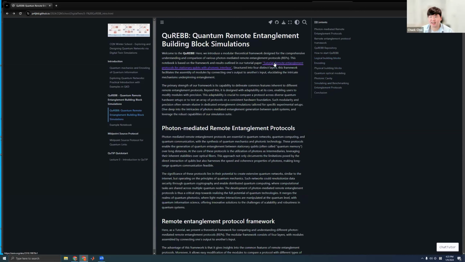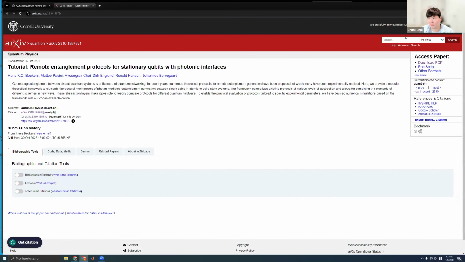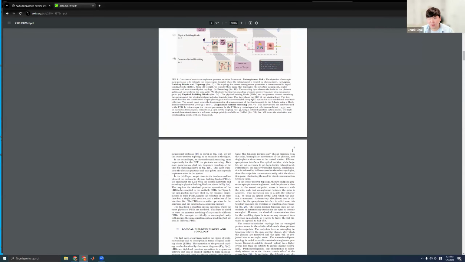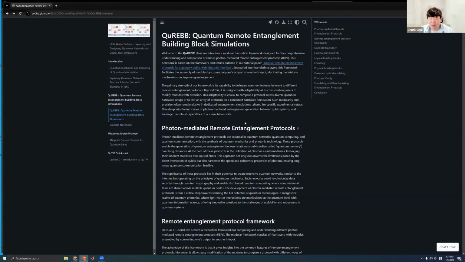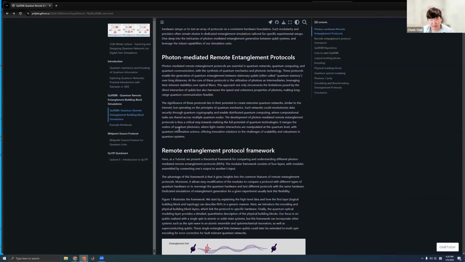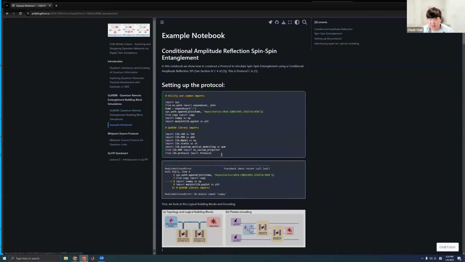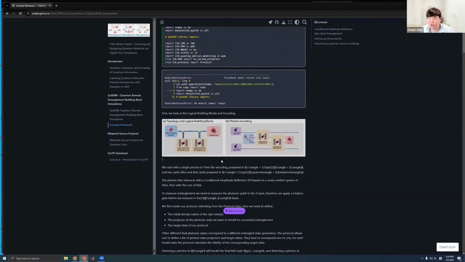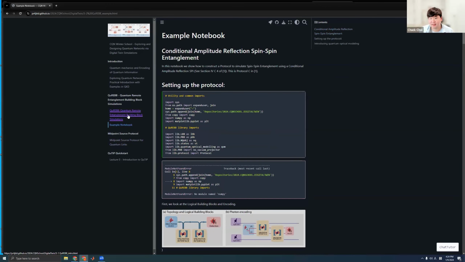I also want to emphasize that our work has a manuscript on arXiv. If you click the link, you can find the manuscript that describes our protocol in a more complete way. We also made this lecture note in an interactive way, with code, and we have an example notebook that I'm going to go through for you to try this framework by yourself.